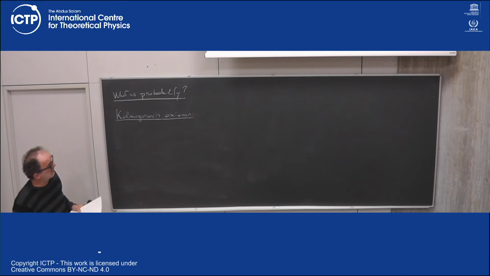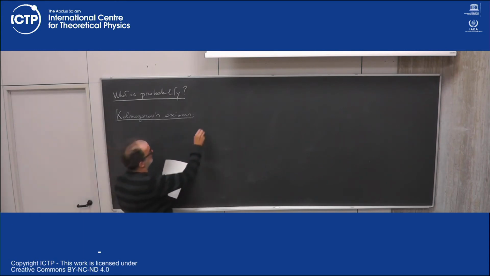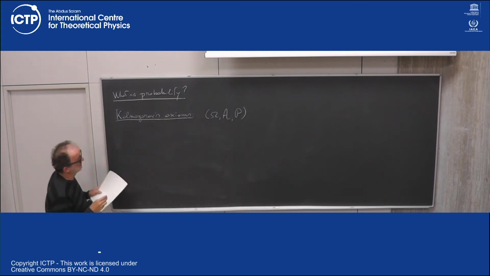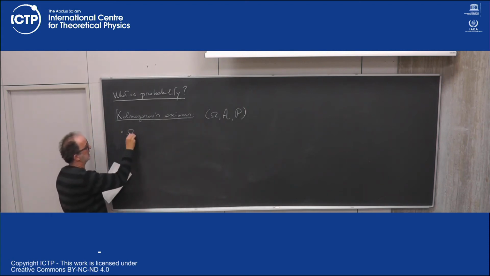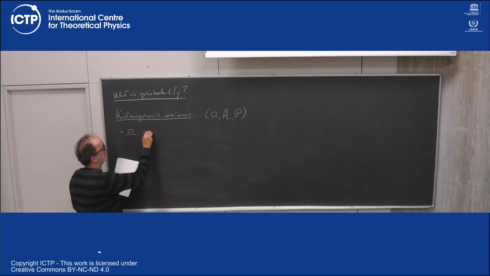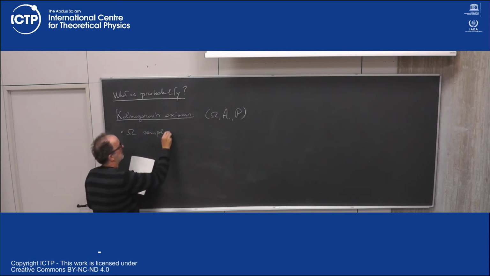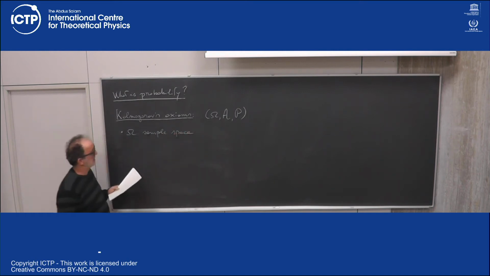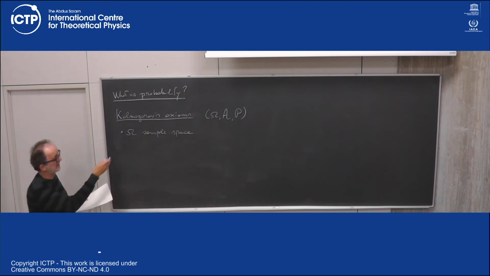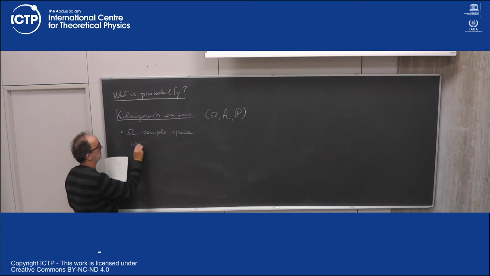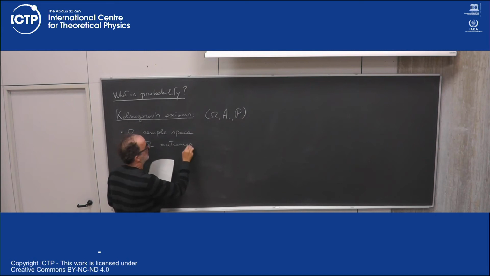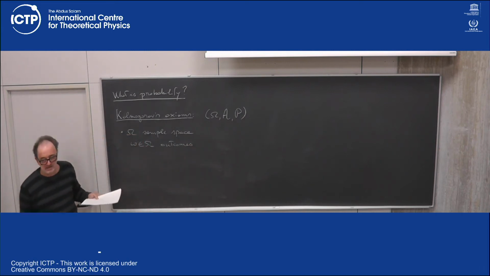Okay, so Kolmogorov axioms are based on three objects that I'm going to describe for you. The first one is what is called a sample space. This is a set whose elements are all possible outcomes or all possible things that may happen.